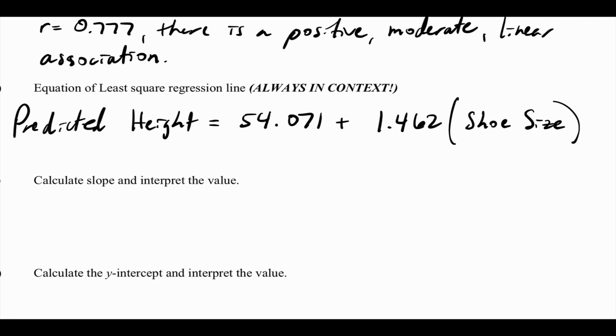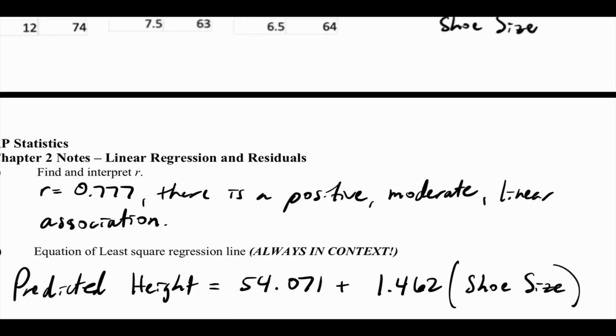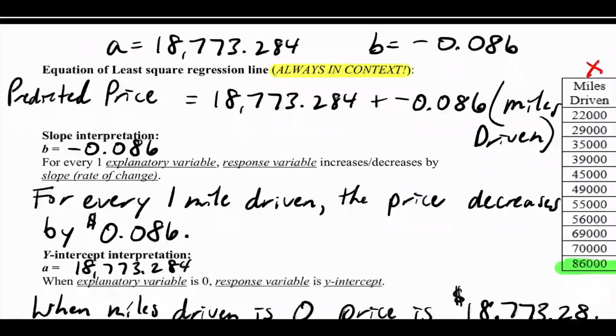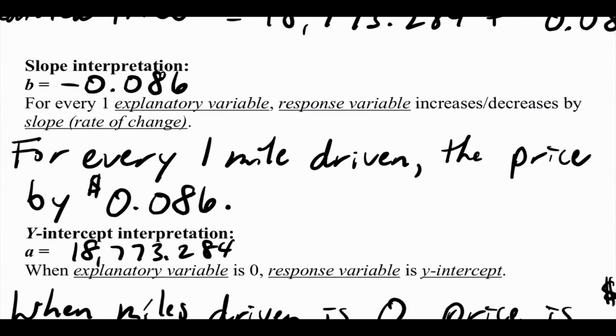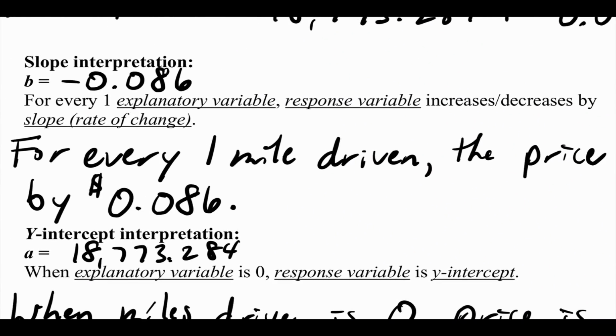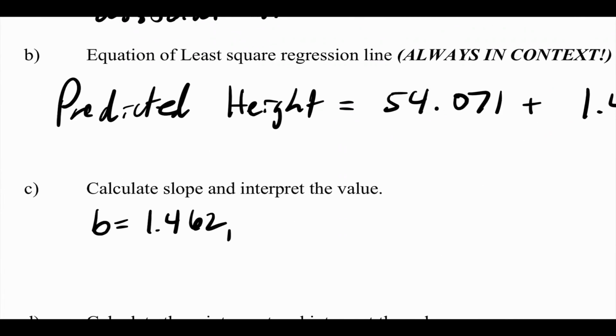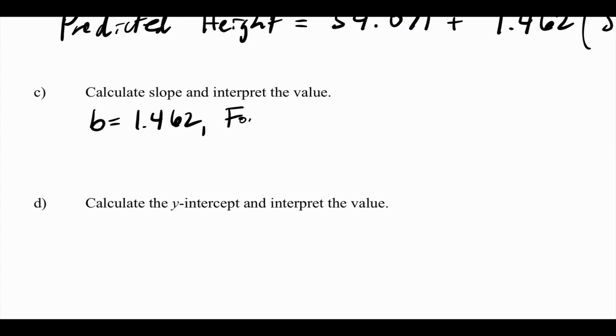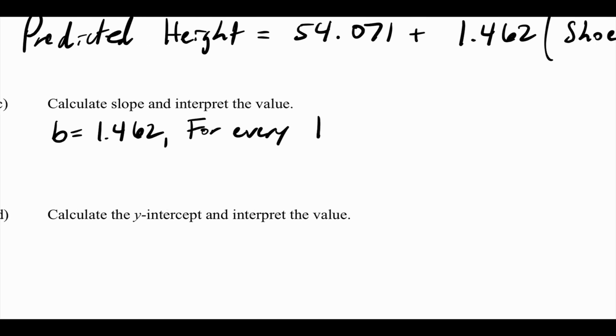Calculate the slope. Well, I already did calculate the slope. The slope is 1.462. How do I interpret it? You use the sentence frame I gave you. For every one explanatory, for every one X, X in this case is shoe size.